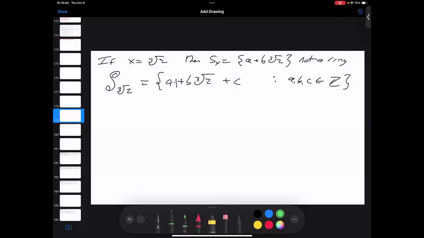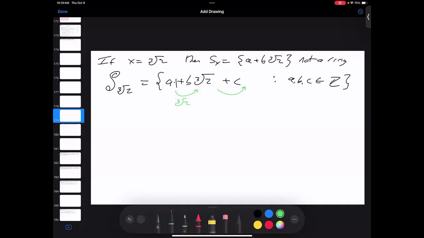So I got from here to here by multiplying by the cube root of 2. What might you try over here? Multiply by the cube root of 2.